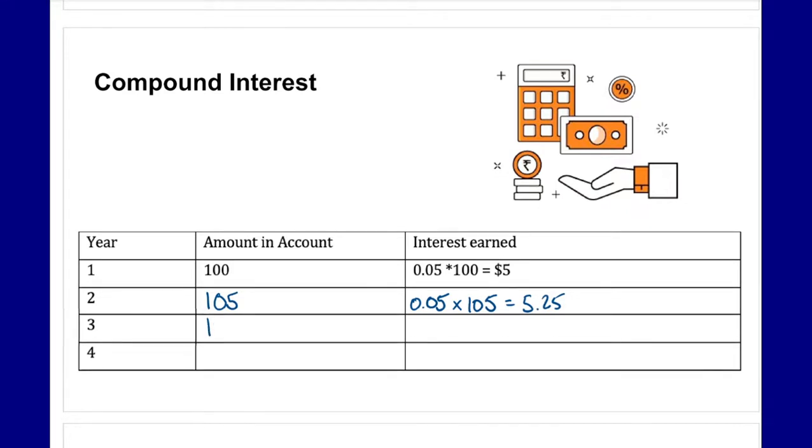So year three, we have $110.25, and then the interest being earned is 5% on that amount, so on the 110.25. So we earn $5.51.